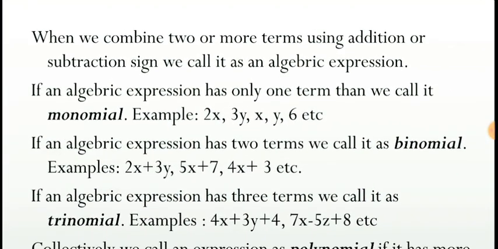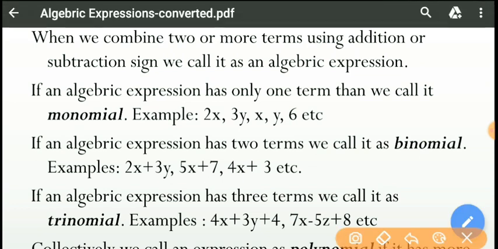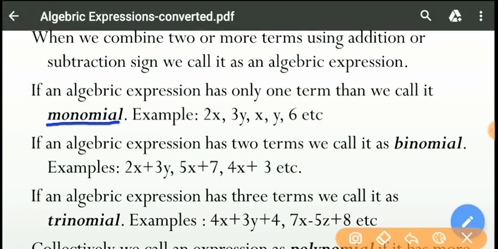If an algebraic expression has only one term, then we call it monomial. If an algebraic expression has two terms, we call it binomial. If an algebraic expression has three terms, we call it trinomial. You can see this example to understand better.